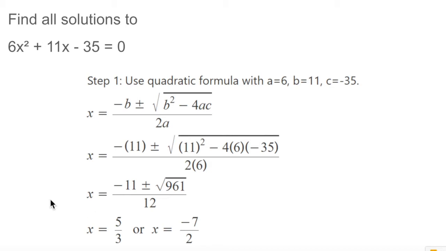So that's basically how the process works. The quadratic formula, I'm not going to lie to you, is complicated and hard to use. It's not simple. However, it always works for every quadratic equation. No matter what, if you want to find solutions for quadratic equations, this will give you a solution.